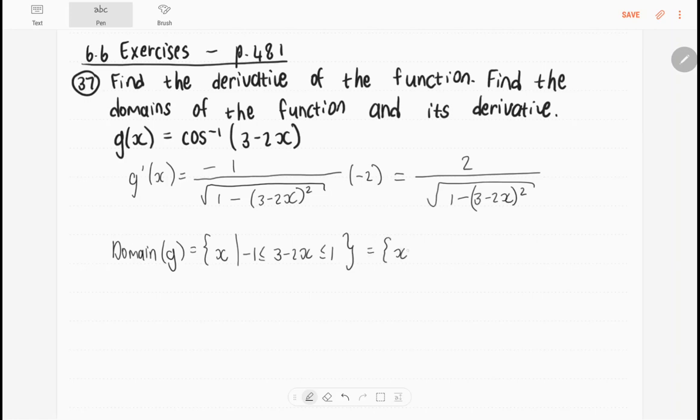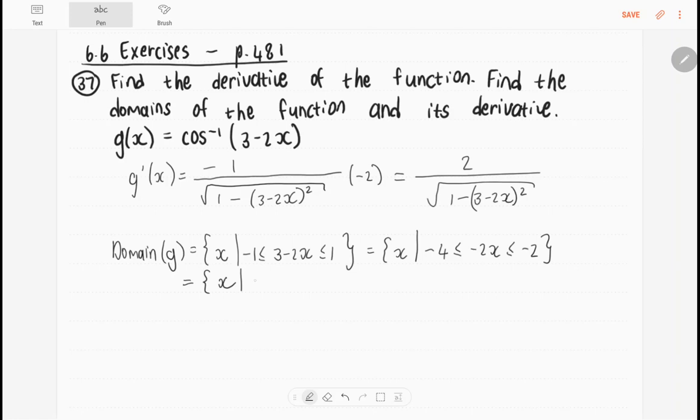which means that it's all x such that minus 2x is between minus 4 and minus 2, and that is all x such that, so remember when we divide by a negative, the inequality signs are going to switch around.